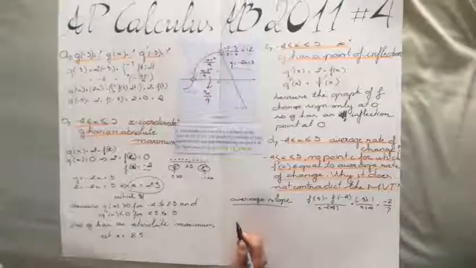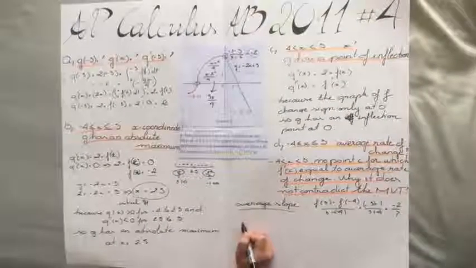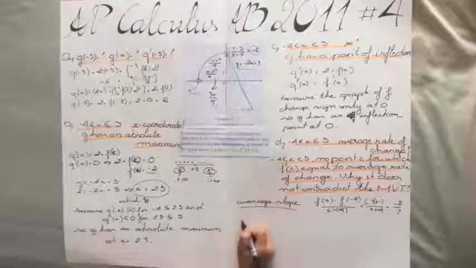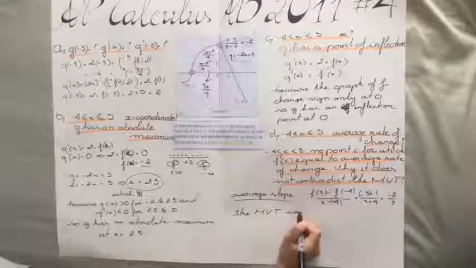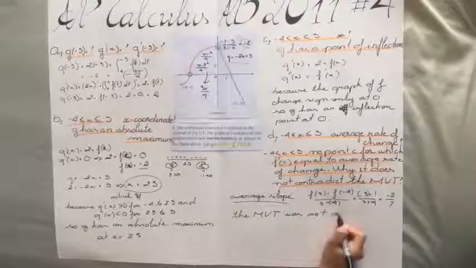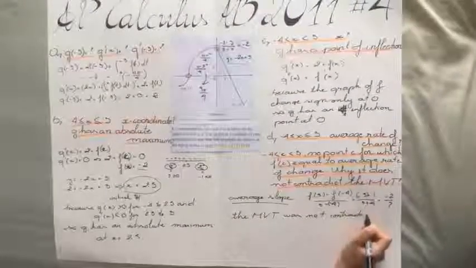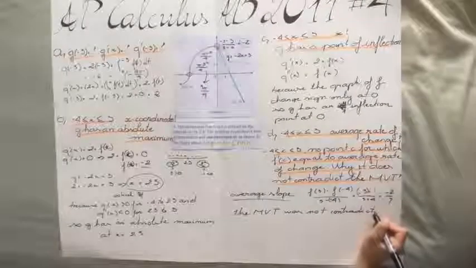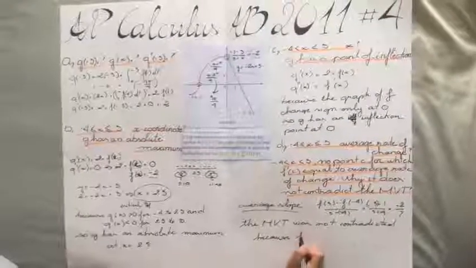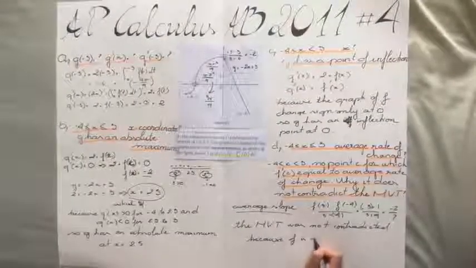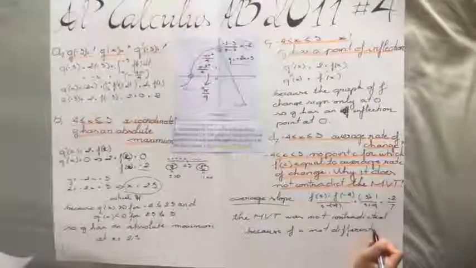So we can explain it like this: the Mean Value Theorem was not contradicted because f is not differentiable at x equals 0.